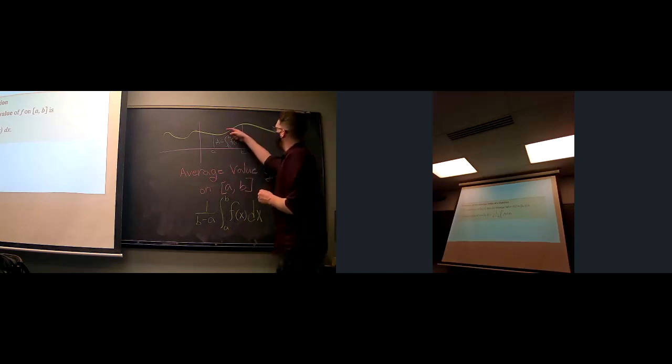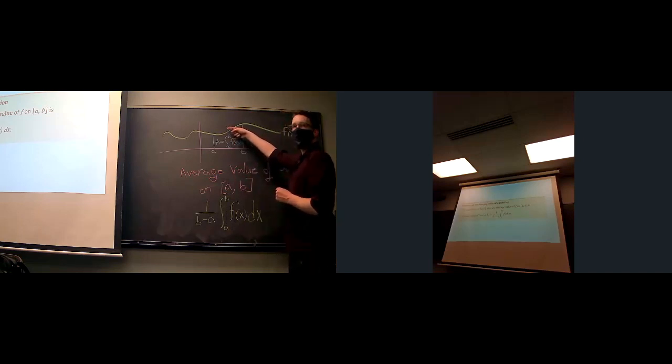And the whole idea is saying, if this thing was a box, then what would the height be? And that's the same question as what's the average value of your function on this interval?